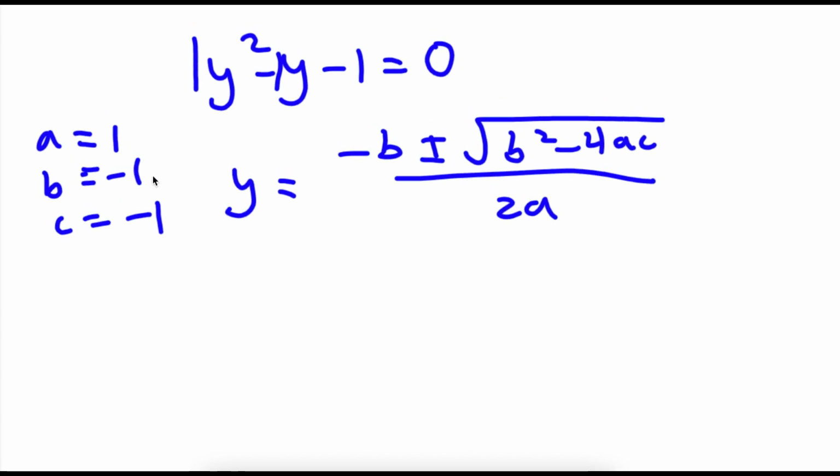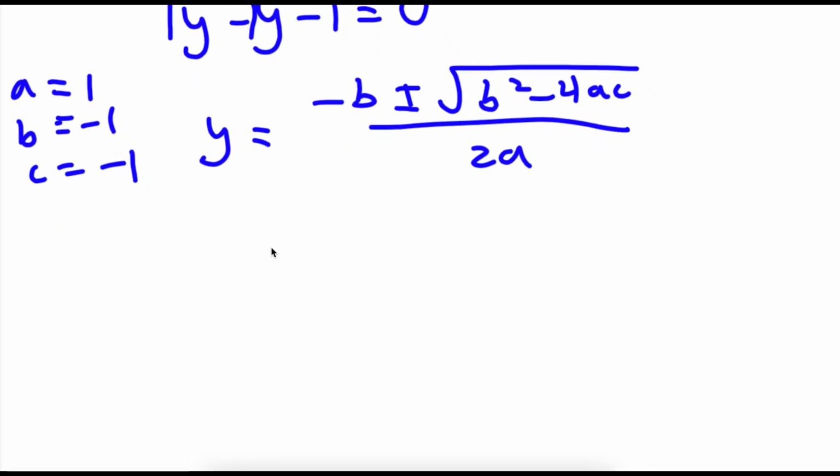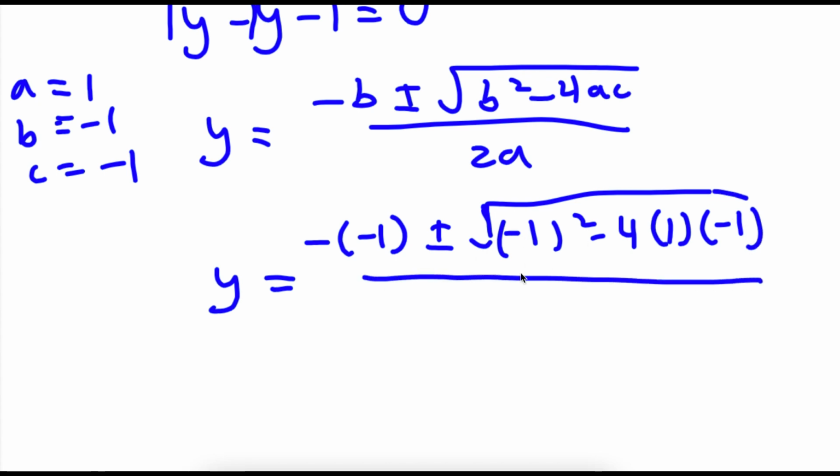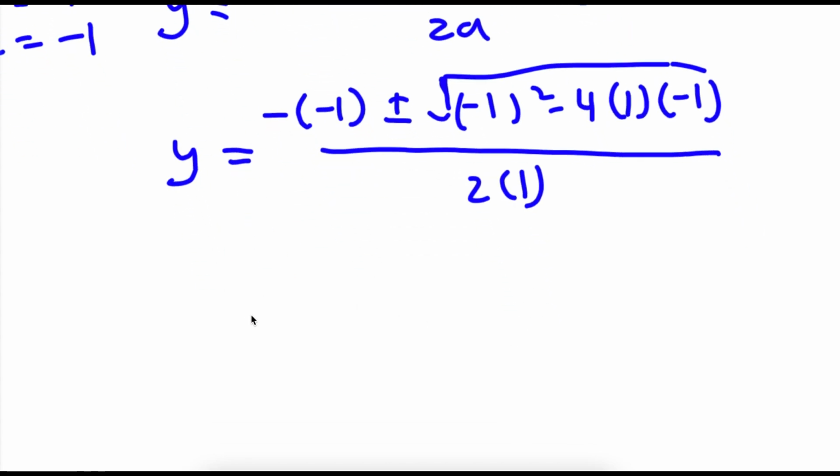So if I substitute these values into my quadratic formula, I get y is equal to negative b, so negative of negative 1, plus or minus the square root of b squared, so negative 1 squared, minus 4 times a, which is 1, times c, which is negative 1. Now we are dividing this by 2a, so 2 times 1.